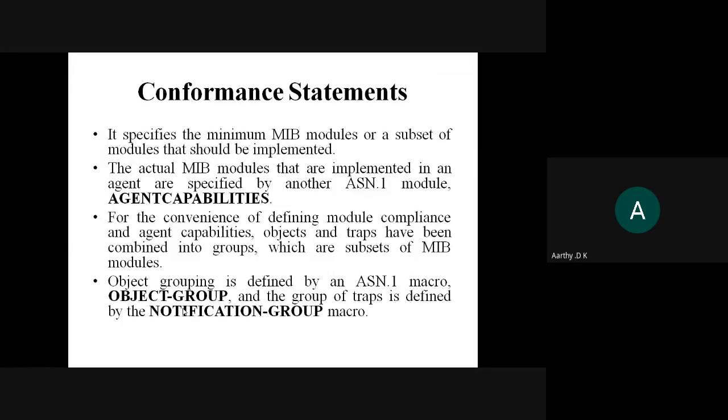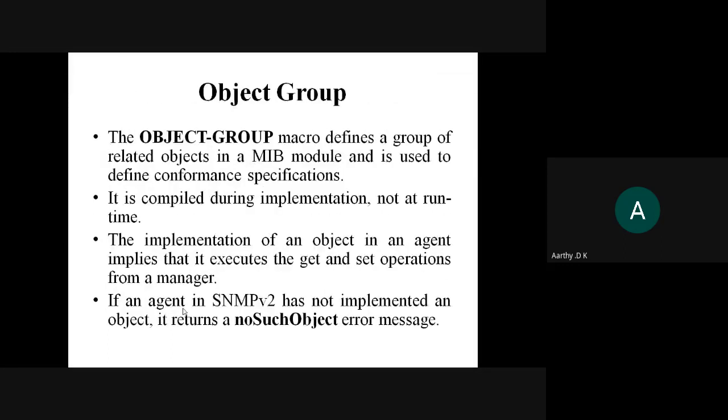So these are the different macros we have. First is the object group macro. The object group macro will group a set of objects that are related. It is compiled during implementation and not at runtime. During implementation means during the communication between the manager and agent, at which point these objects are grouped together.